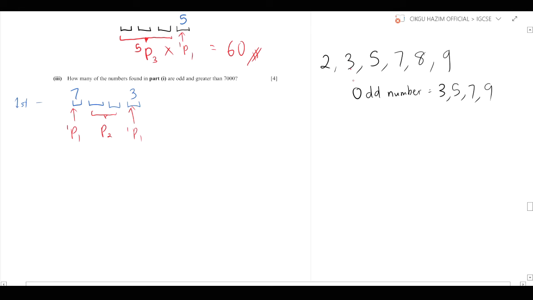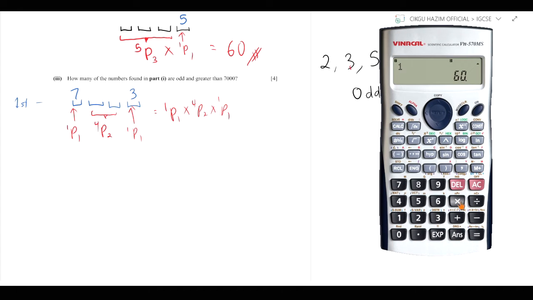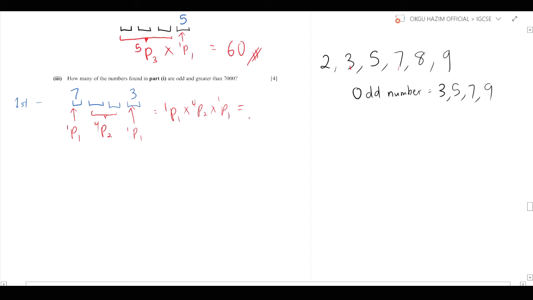You already picked 3 and 7, so the remaining numbers are 4, that's why it's 4P2. So the calculation is 1P1 multiplied by 4P2 multiplied by 1P1. Press it in the calculator: 1P1, multiplied by 4P2, multiplied by 1P1, which is going to be 12.